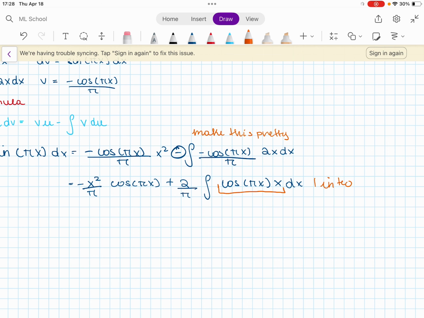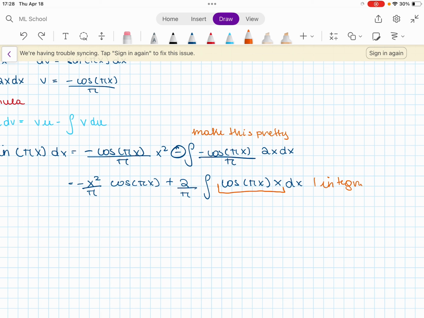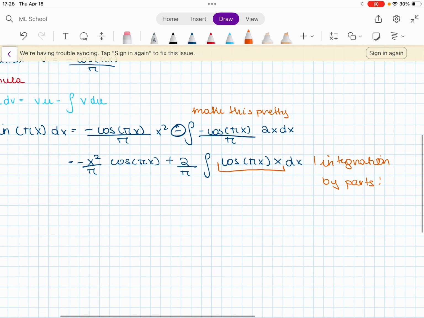So I'm gonna write a comment: integration by parts again. And then, as we said earlier, we identify LIATE.